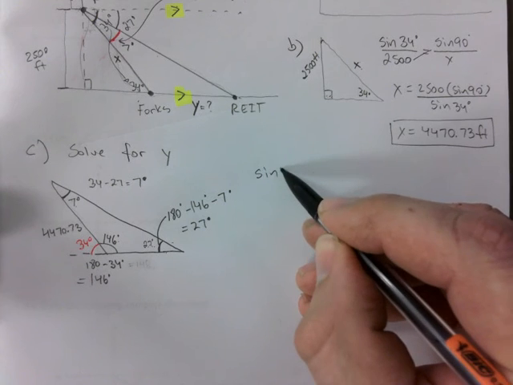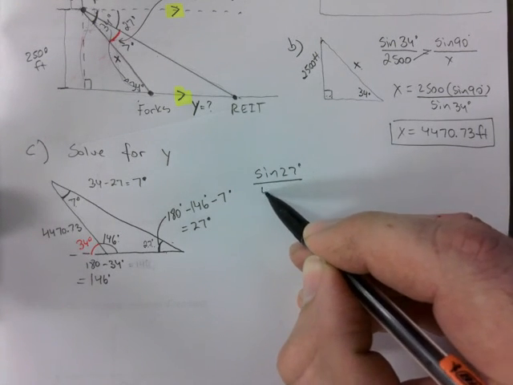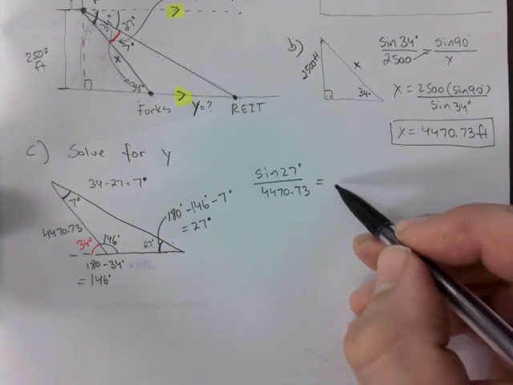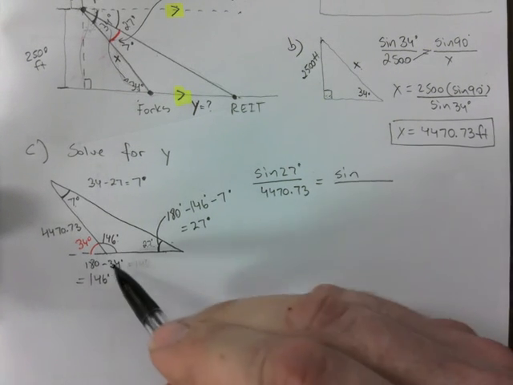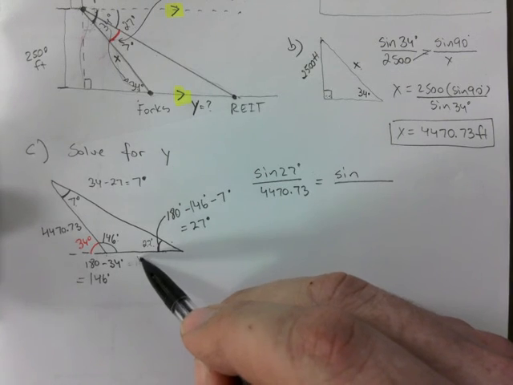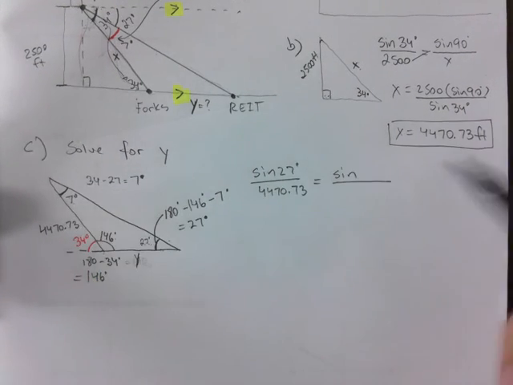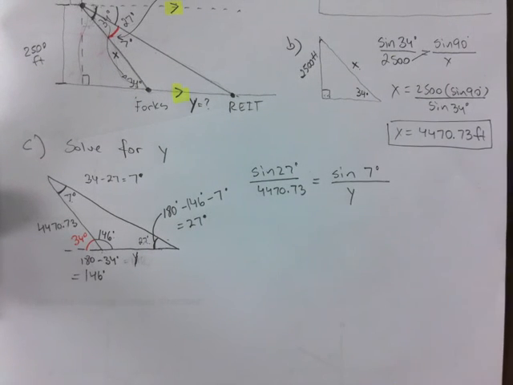So sine of 27 over 4,470.73 is equal to sine of, I want this side down here, which I'm going to call y, so I need to use that angle up there, and put that over y.